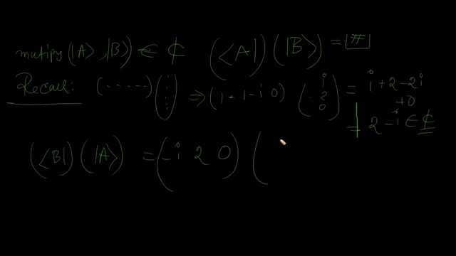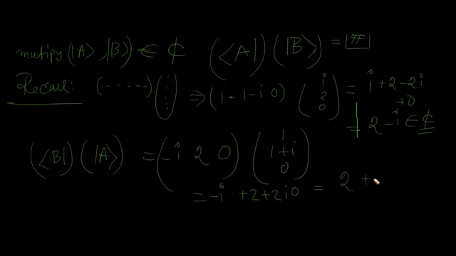And the ket for A is 1, 1 plus i, and 0. Again, if you multiply, this is just i, 2 plus 2i, 0. Oops, there is a minus sign over here. Yeah. So this is just 2 plus i. So we get 2 plus i, and this is also a complex number.